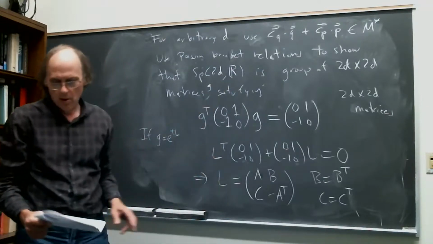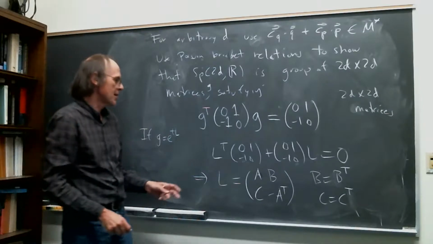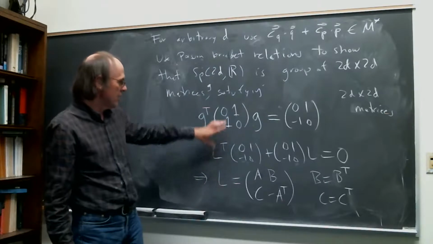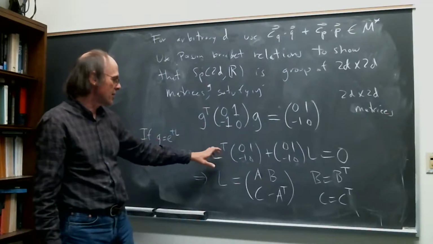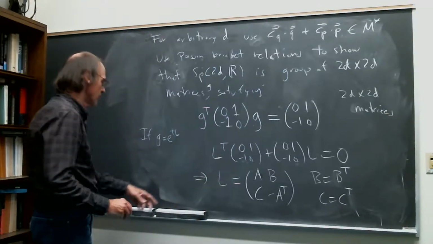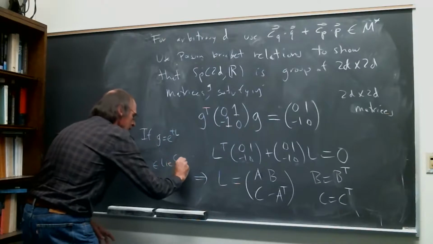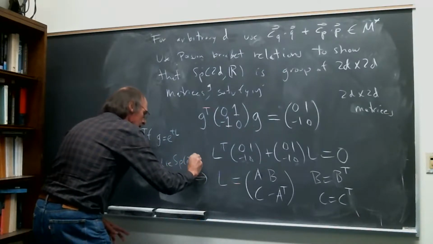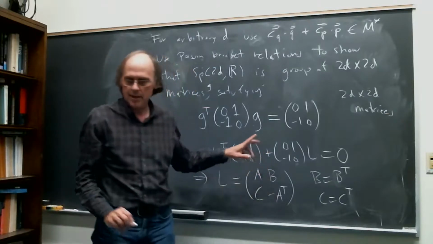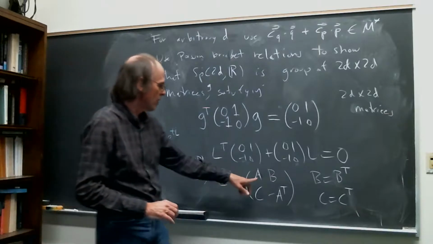It's getting late, but what's worked out in this text is to show that the condition for L to be an element of the Lie algebra of Sp(2D, R) means that you can write it in terms of 2D by 2D matrices of this form.